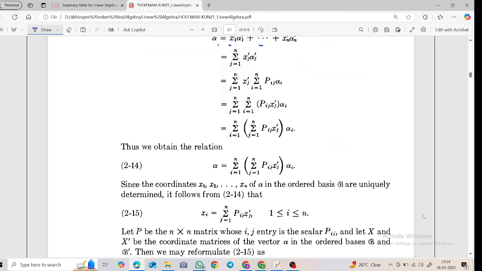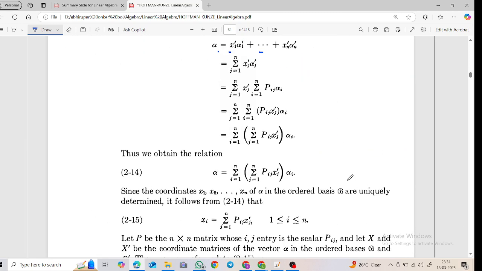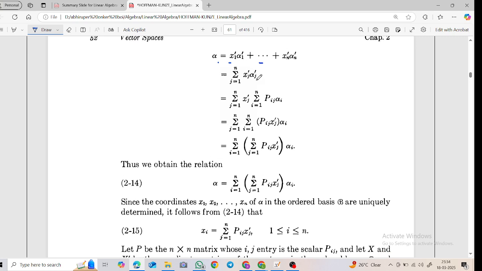Let's see what's there doing. Okay. So now they are putting the values of alpha j prime, that is this, taking the sum outside and doing this, they get this. Okay. So xi primes were coefficients or coordinates with respect to beta prime. By that they are trying to obtain coefficients or coordinates with respect to beta, and this is the coefficients. Okay.